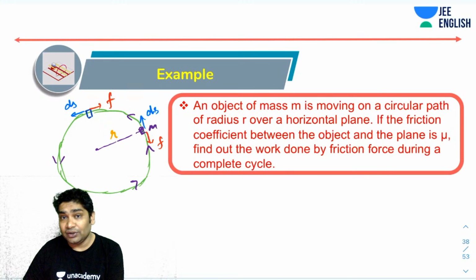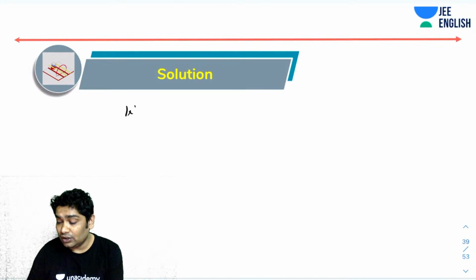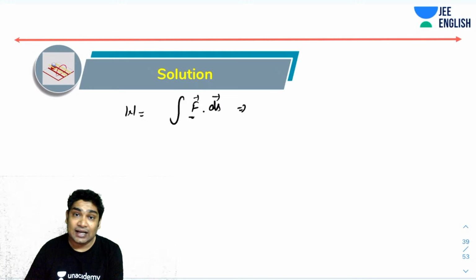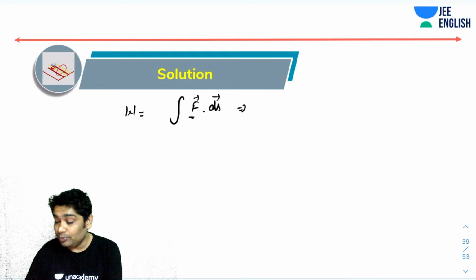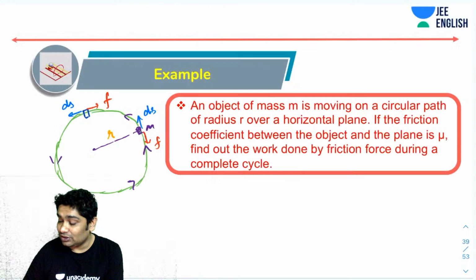So you realize that work done would be minus integral of f dot ds. Now f is constant. It has a constant magnitude, which is mu mg, into ds with a minus sign, from initial position to final position.